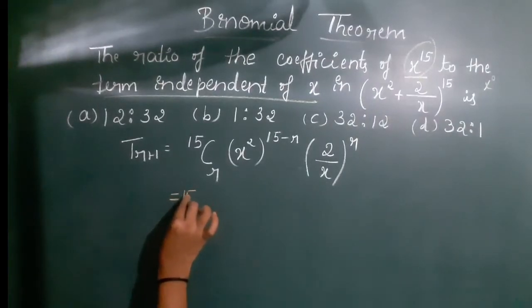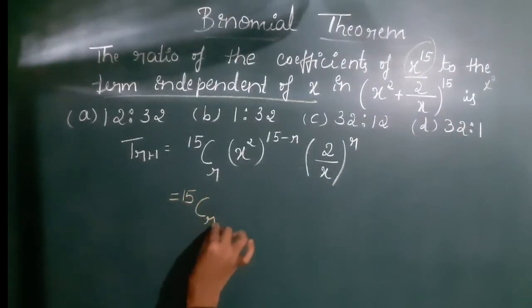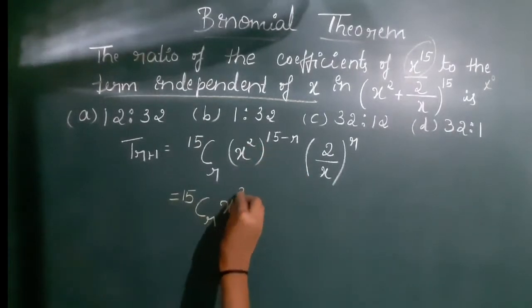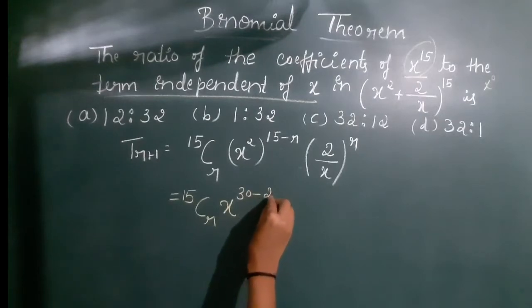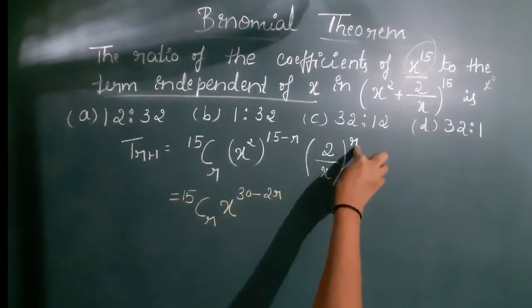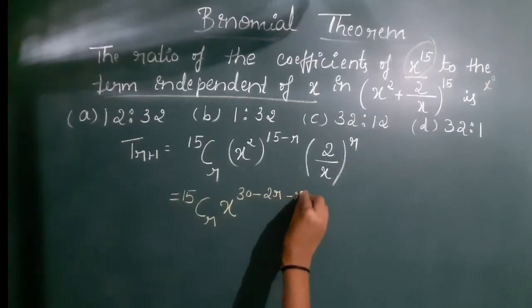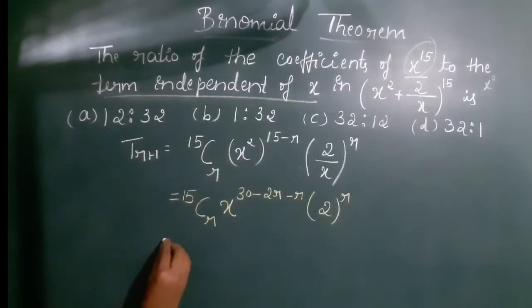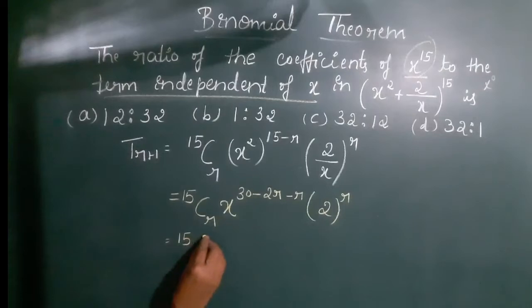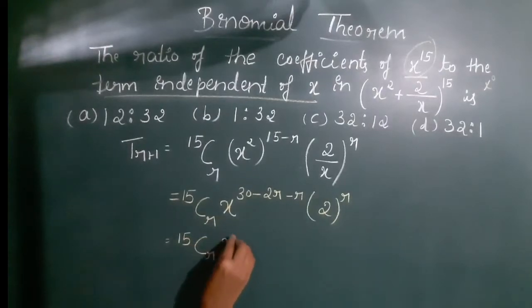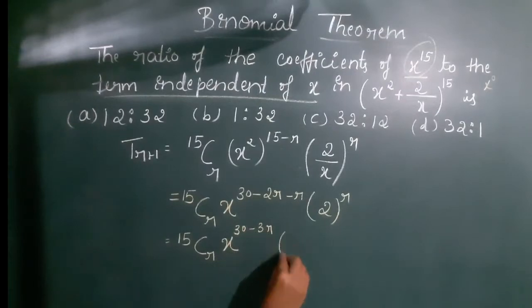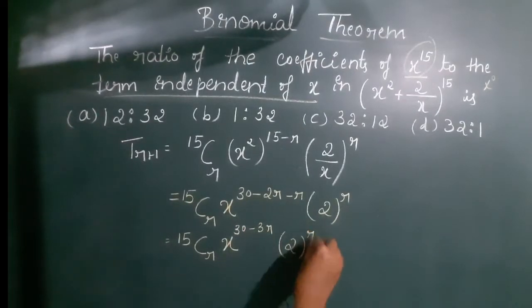So this is now 15Cr, x^(30-2r), and here x^r is there, so this will be x^(-r) into 2^r. So this is equal to 15Cr x^(30-3r) into 2^r.